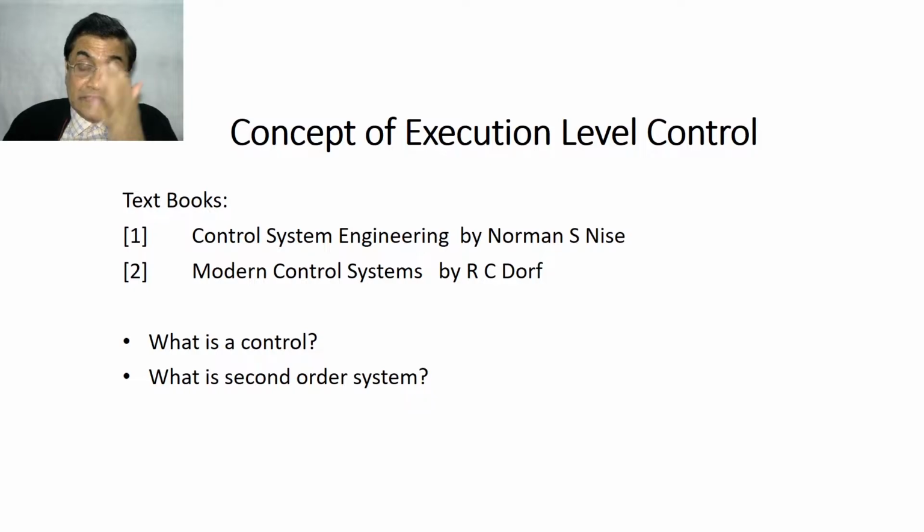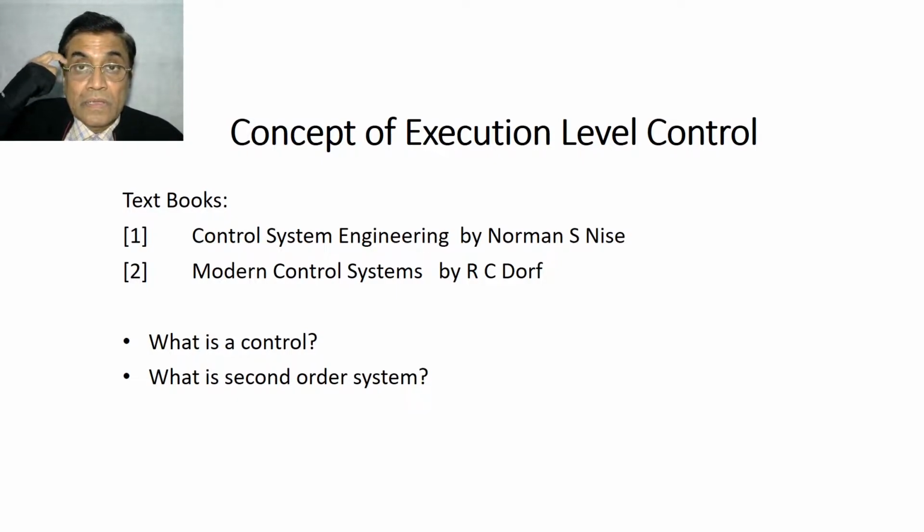Control, that means execution level control, means getting some action, and with those actions making your system reach the desired state. Who will give this desired state in case of a robot? It is a high level control, or sometimes we call computer control high level control, and this type of control is called execution level control. The high level control cannot execute the task, it can only give instructions, okay?